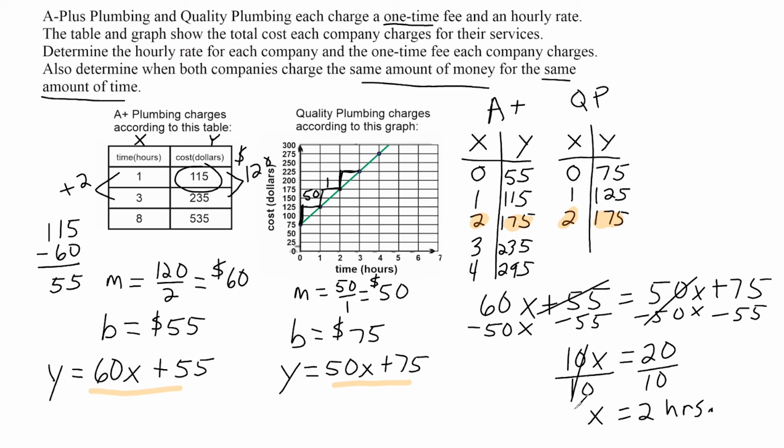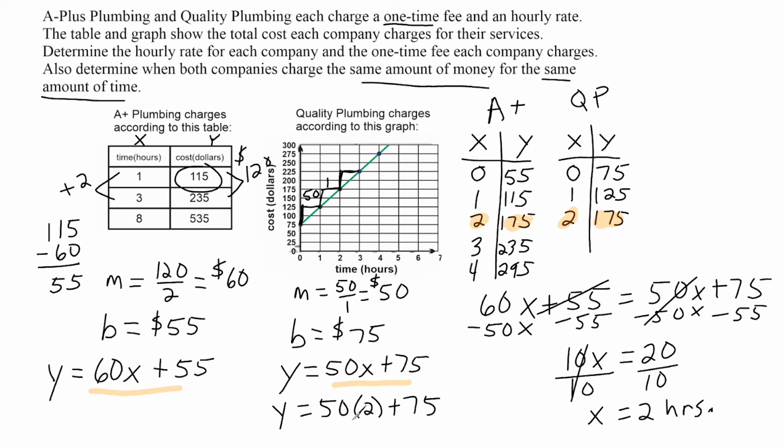And then what you can do is, once you solve for the x variable, you can take that value and plug it into either one of your two equations and solve for y, which would give you the total cost. So we can take y equals 50 times 2 plus 75.